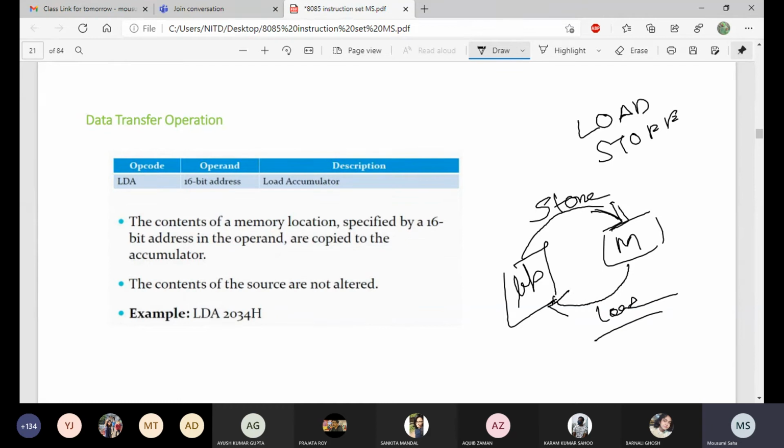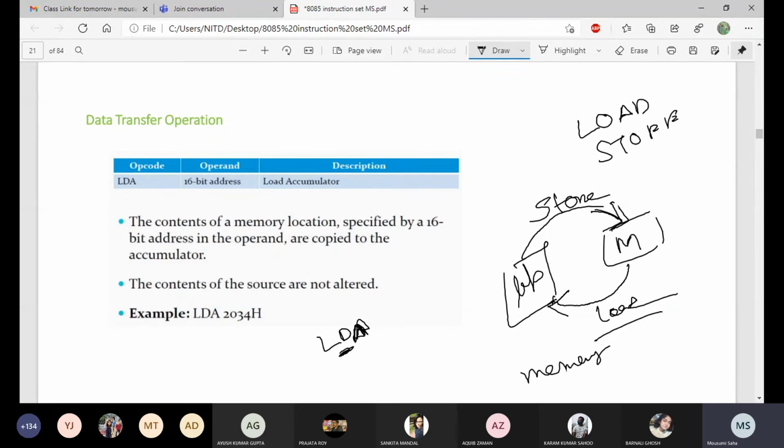Okay, what are the load instructions? One is LDA, load accumulator direct. It loads data from memory to the accumulator, so the destination is the accumulator.